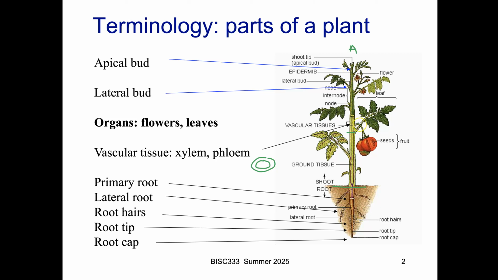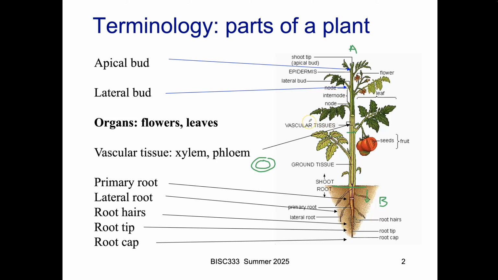Apical means away from the ground, and basal means towards the ground. So this is the basal side of the plant. And so this structure is more basal than this one. This structure is more apical than this one, and so on. If this was anterior posterior, then just change it to apical and basal. It's still polarity, right?